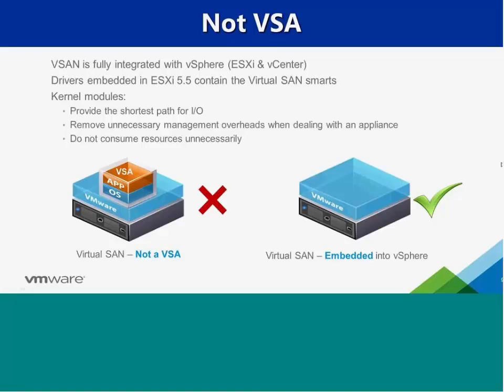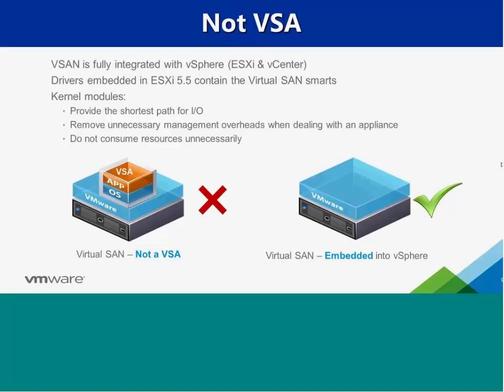Okay, so vSAN we get often is not a VSA. You previously had a product in the market called VSA. It's now end of life, soon to be end of support. How is that different from virtual SAN? So there's a couple differences. One, vSAN is embedded into the hypervisor, where VSA was a storage appliance, and there was some unnecessary overhead with dealing with appliances as well as the configuration minimum.